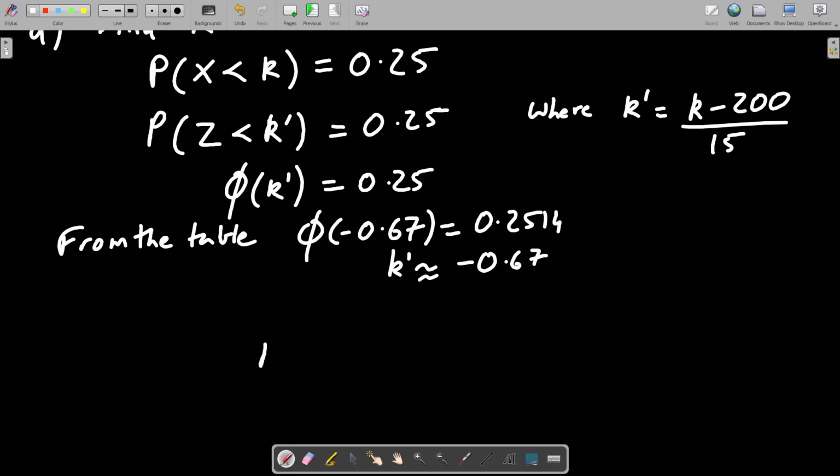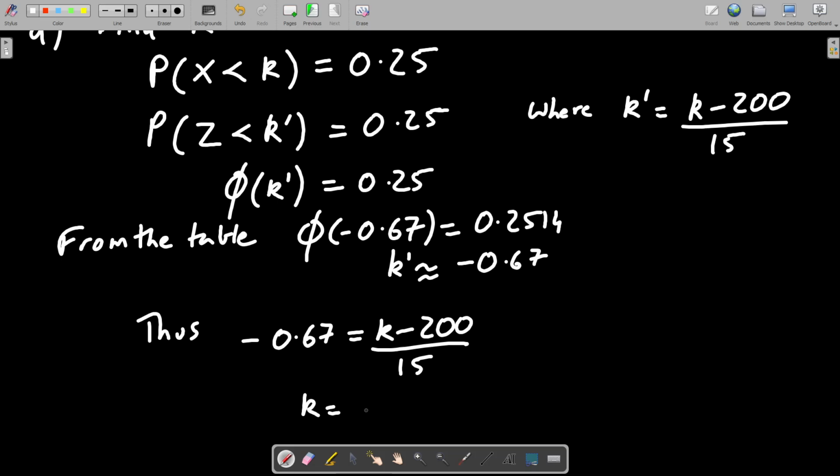So k will be equal to what? Thus minus 0.67 is equal to (k minus 200) upon 15.